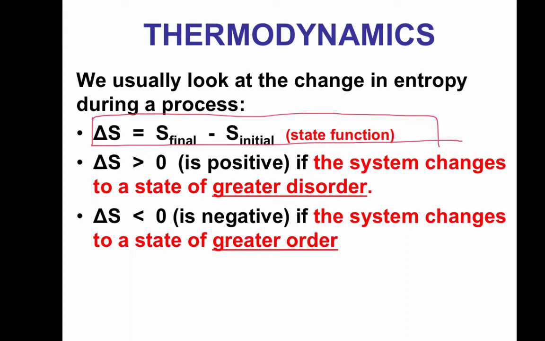So again, delta S is positive, you have greater disorder. If delta S is negative, you have greater order. When delta S is positive, that is when it is spontaneous. Okay? Delta S being positive means it's more disordered, it's more spontaneous. If delta S is negative and you have more order, that is not spontaneous.